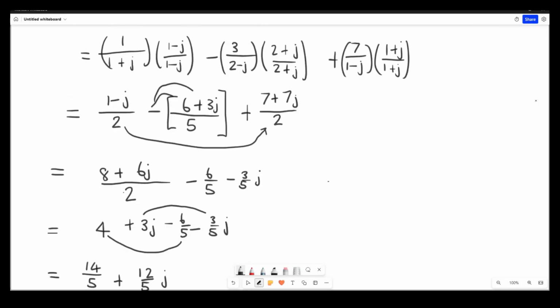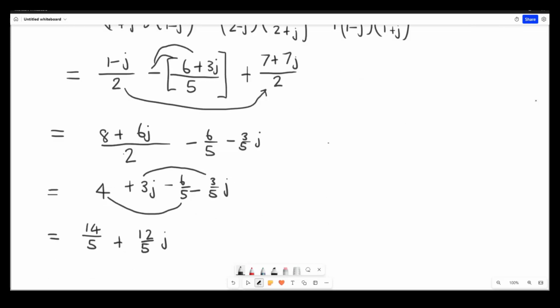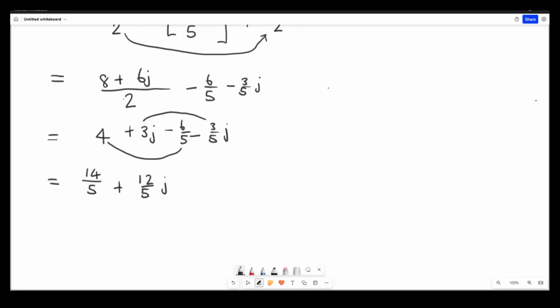And then I look at like terms, I add like terms. I divided 2 into 8, I got 4, 2 into 6, 3. And then I just add like terms, the real side with the real side, and the imaginary side with the imaginary side. So if I was correct, it's 12/5 j, and then it's 14/5. Seems right, yeah.